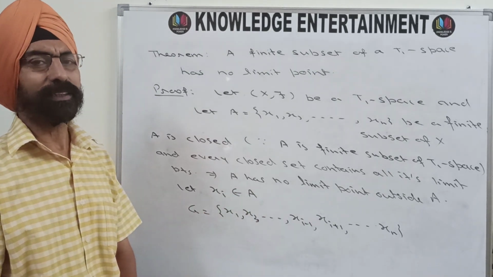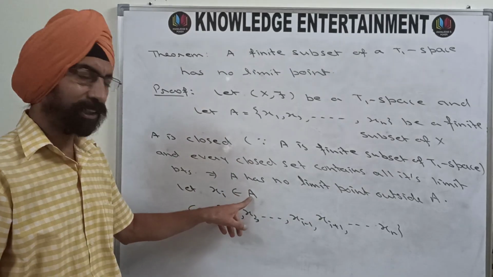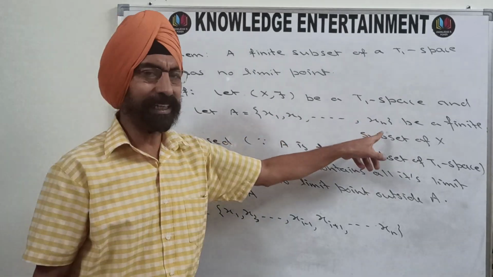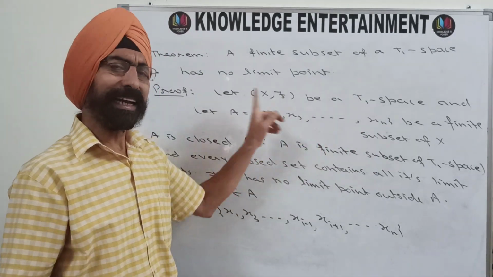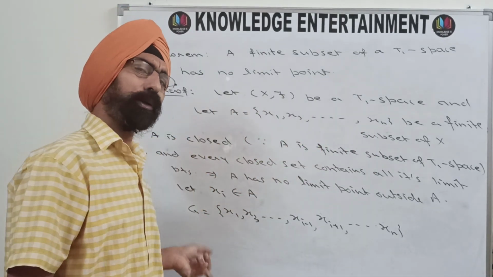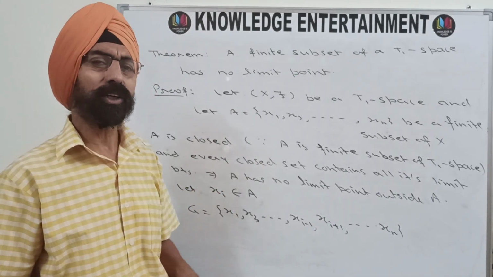So that means A has no limit point inside A. A is having no limit point inside A, and A is having no limit point outside A. So it means A is having no limit point.